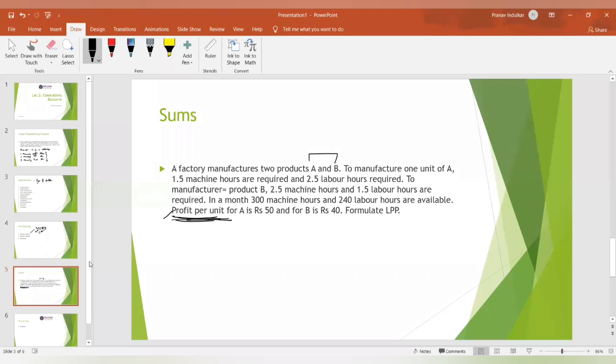Objective function is profit. So how do we write that?